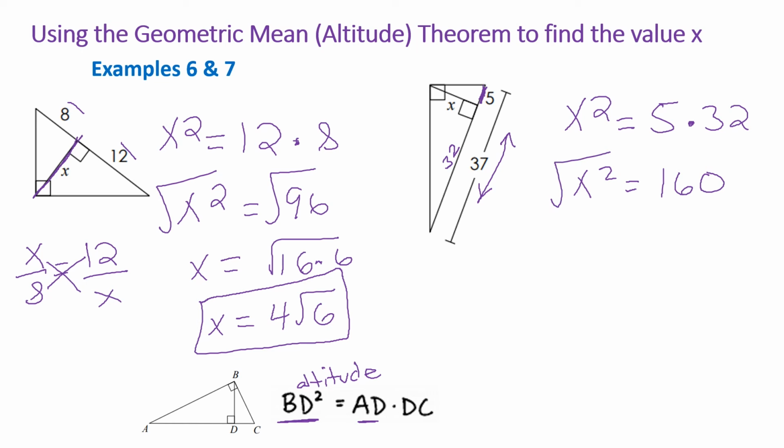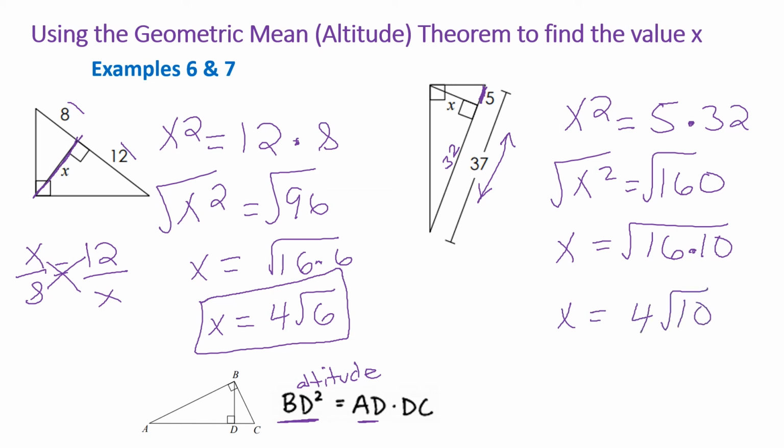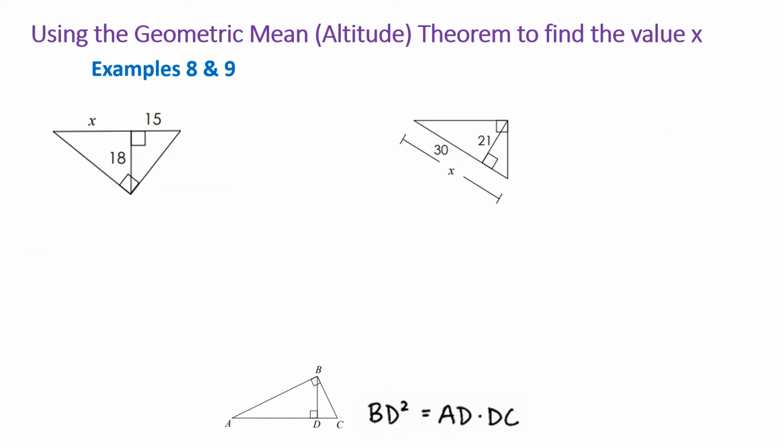Taking the square root, a perfect square that is a factor would be 16 times 10. And so my final answer would be 4 square root of 10. So we've used the geometric mean altitude theorem to find the value of x for these two problems.